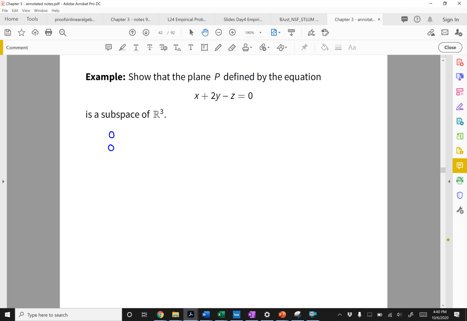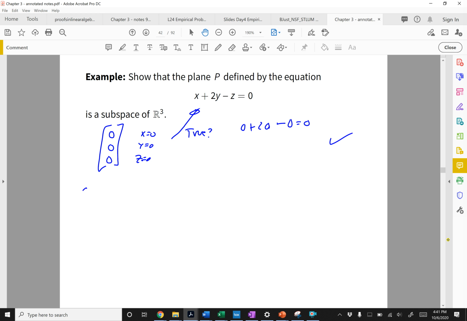If x equals 0, y equals 0, and z equals 0, is this true? And it is true. 0 plus 2 zeros minus a 0 equals 0. So we're good. So check on number 1.